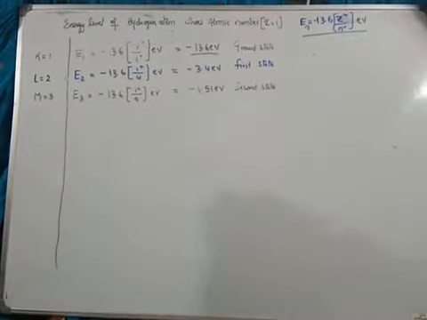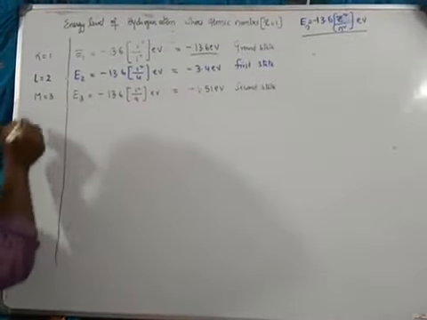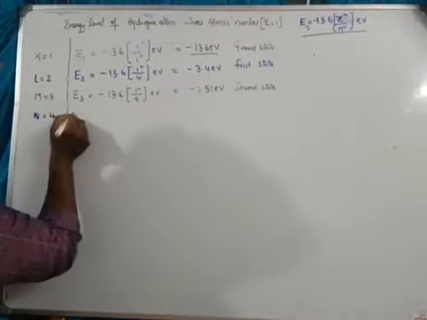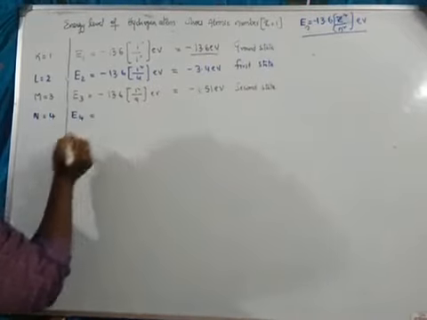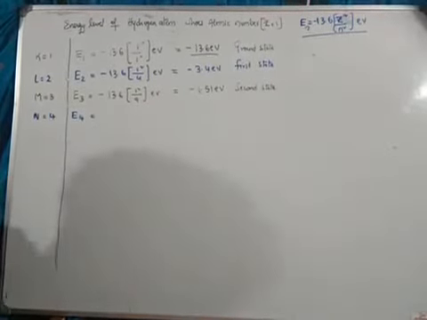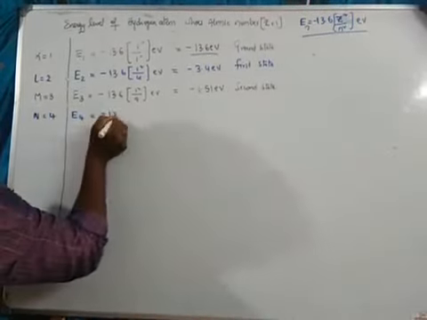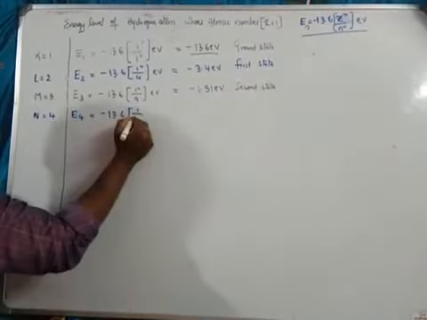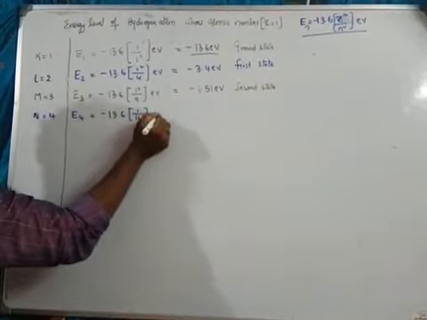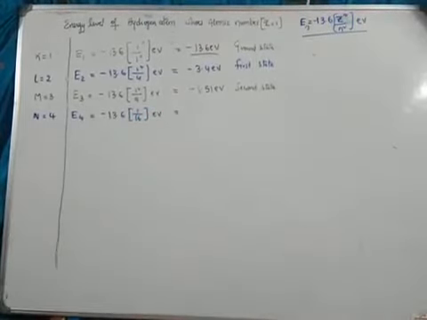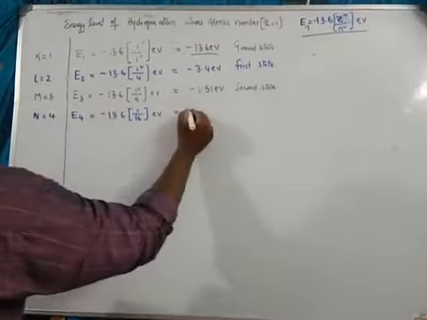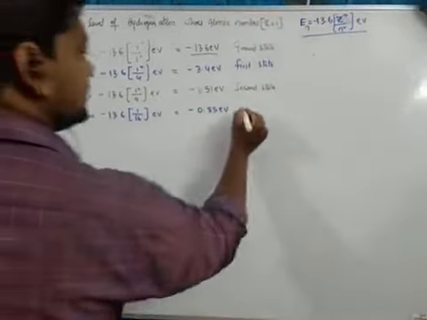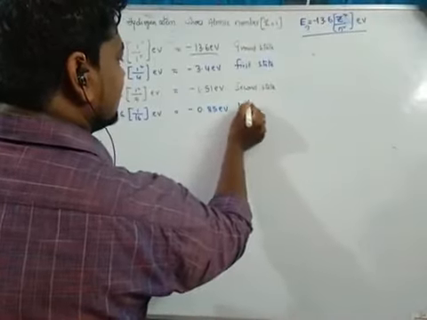Similarly, for n is equal to 4, E4 is equal to minus 13.6 times 1 square divided by 4 square, 16, electron volt, which is equal to minus 0.85 electron volt. So this will be the third state.